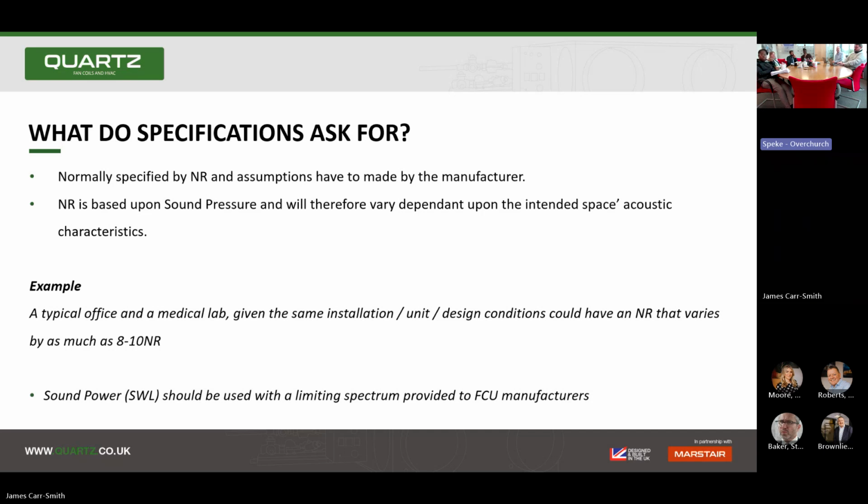It was the same unit, and one was used in a lab where it's got hard surfaces, wipeable surfaces, stainless steel, hard floors, and the other in a typical office type environment. The same unit doing exactly the same duty at the same airflow gave an NR that was as much as 8 to 10 different from each other. So 35 in an office, but in the lab it was 45. That's the sort of thing you have to bear in mind when we're doing those selections.